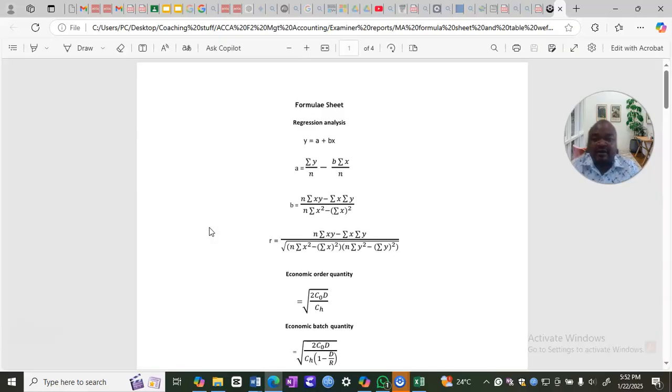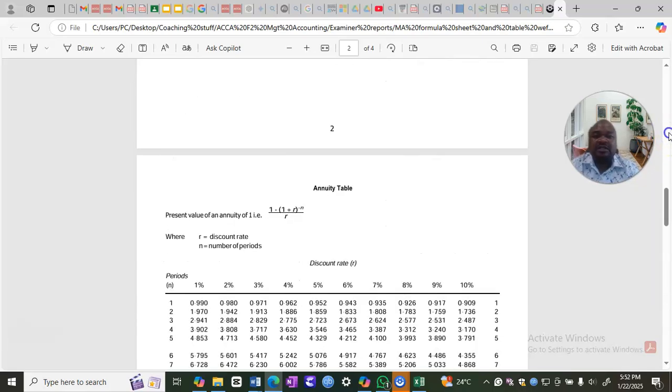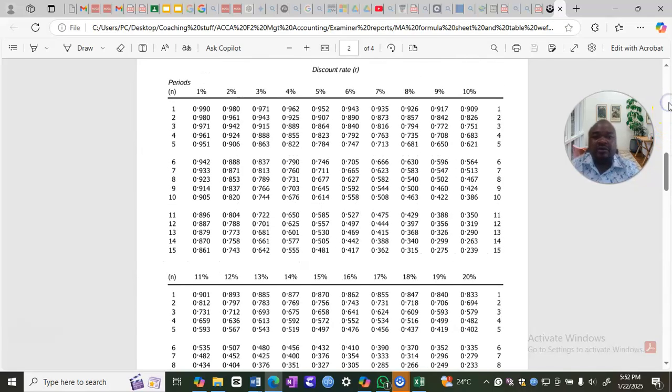Sometimes you need not waste time inputting the figures in the formula in Excel, because you might end up making some errors and so forth. All right, but let me just try to show you how.